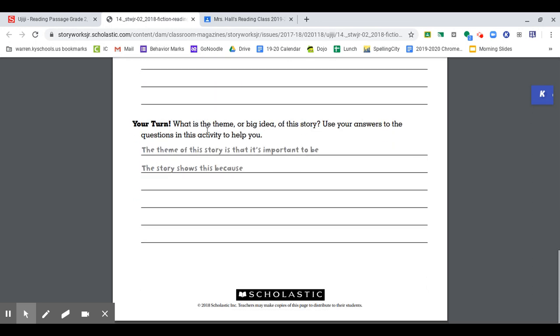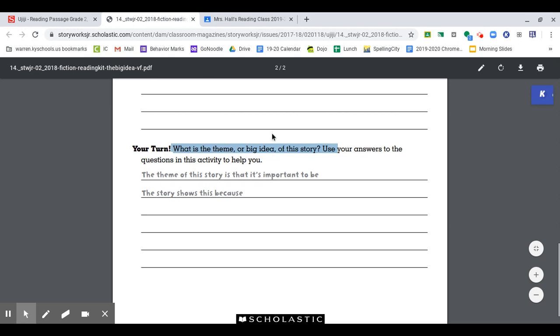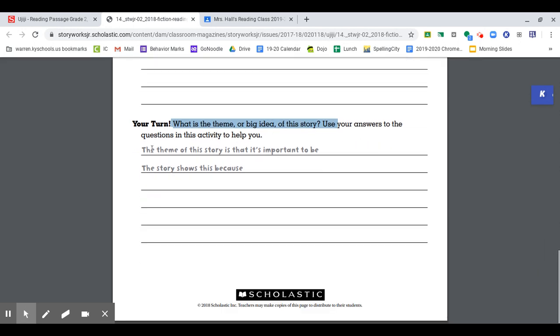Now, the last part, this is a very important part for your writing today. What is the theme, the big idea, or the lesson of this story? Use your answers to the questions 1 through 5 to help you. So they have started the paragraph for you.